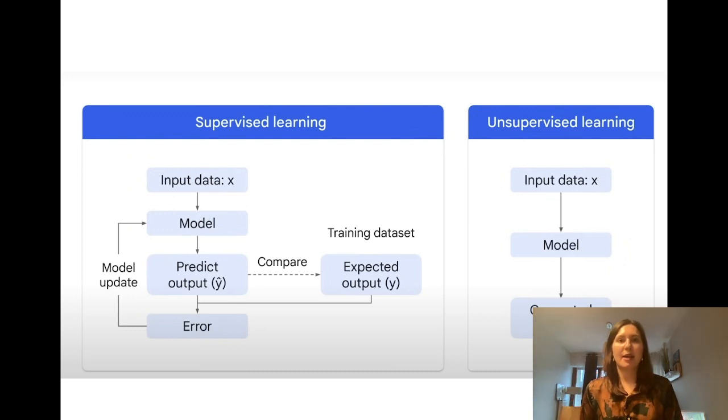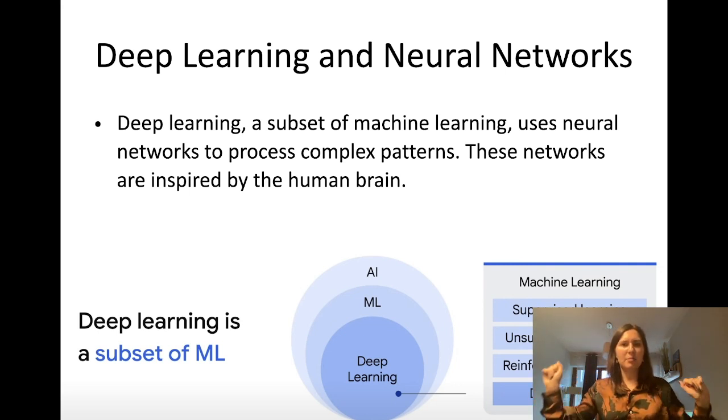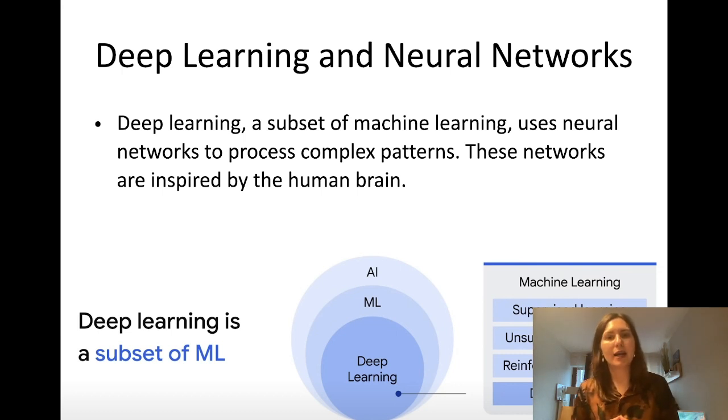Having discussed the nuances between AI, machine learning, and the distinct approaches of supervised and unsupervised learning, it is also valuable to touch upon the role of deep learning. Deep learning is a subset of machine learning techniques that utilizes more intricate structures known as artificial neural networks to process and interpret complex patterns in data.